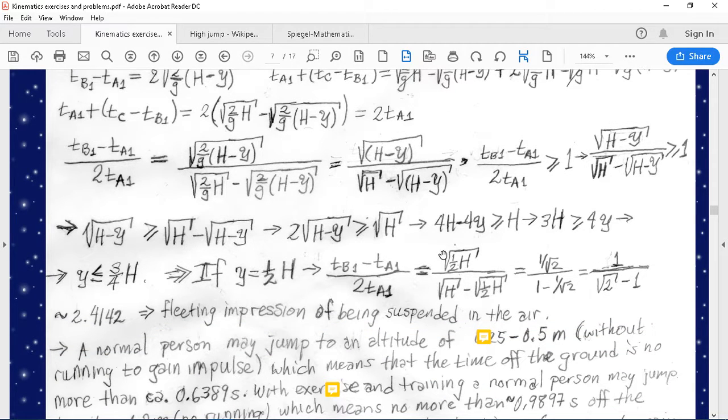So it would be this value here: 1/2 of h times the square root of 2 over g. Remember that these terms were cancelled out when this ratio was calculated here.